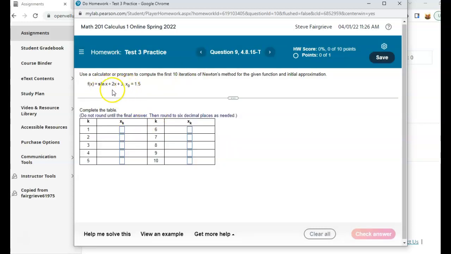So you're given a function, an initial guess, and then you want to fill out the values. So again, there may be an issue with rounding. If that's a problem, let me know. If it's marking some of them right, some of them wrong, let me know, and I can go in and fix that for you. And definitely on your test, I'll see your work, and I can update that for you.